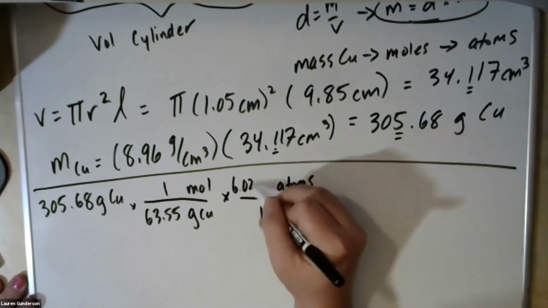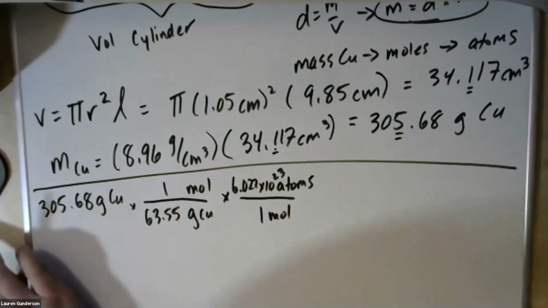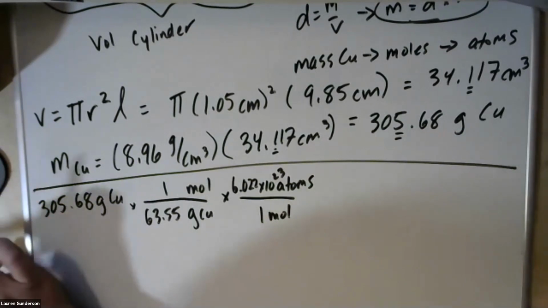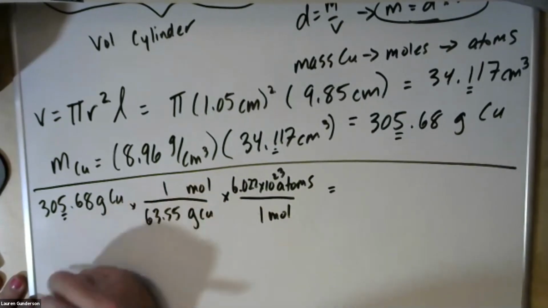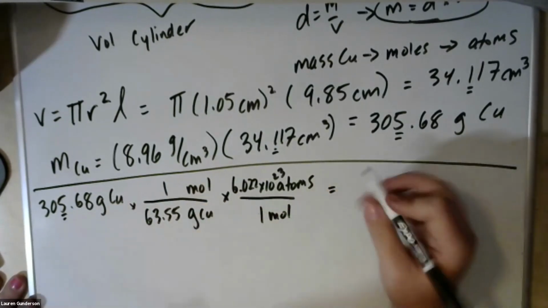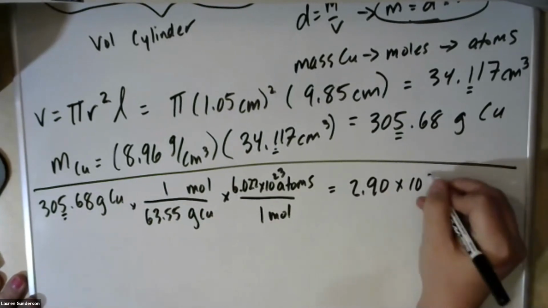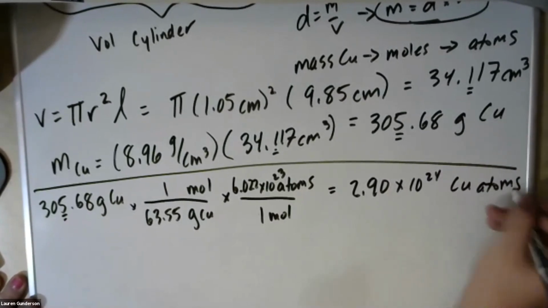There's 6.022 times 10 to the 23 atoms. Okay, and I'm going to round my final answer to 3 significant figures. So that will be 2.90 times 10 to the 24 copper atoms.